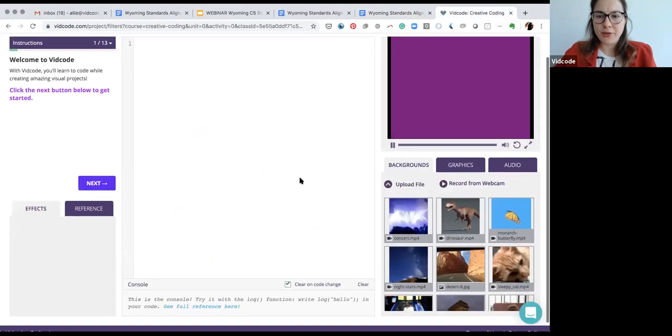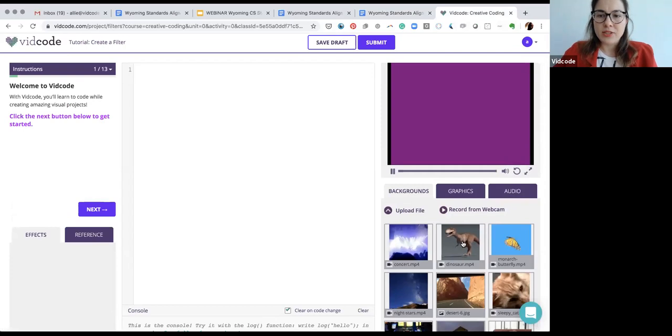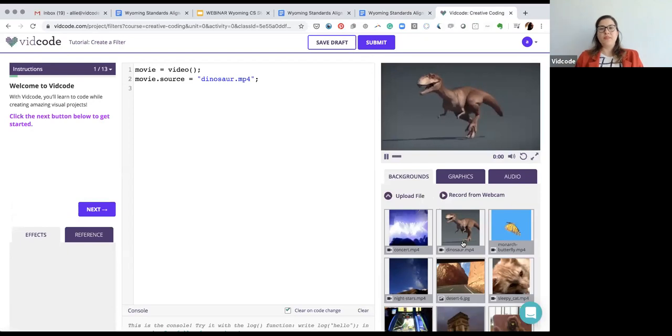Here on Vidcode, the first thing that your students are going to do is either select or upload a video file. Not to get too much into minutia, but this in itself could be a computing systems example, because students are learning how a video gets loaded on a web page.